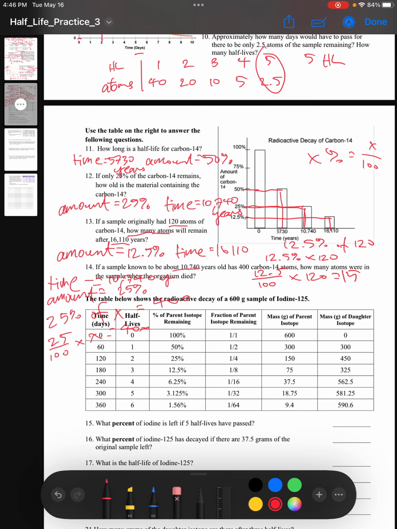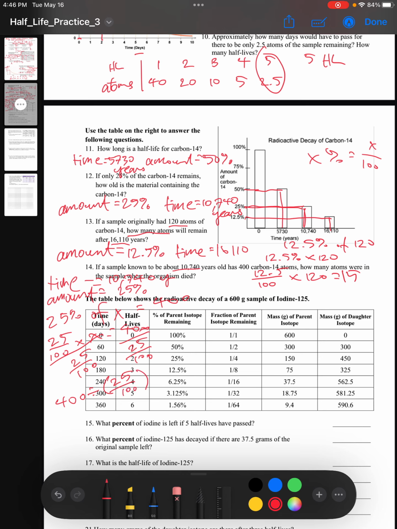How do we get X by itself? We divide both sides by 25 over 100. So you do 400 divided by 25 over 100.